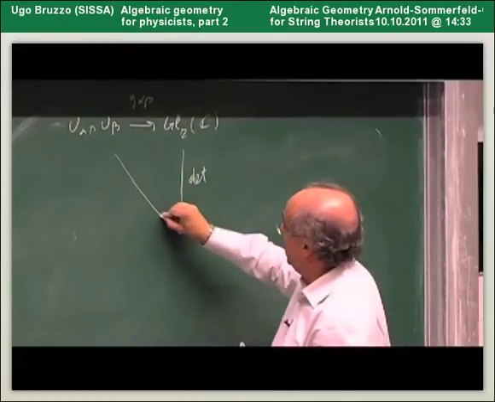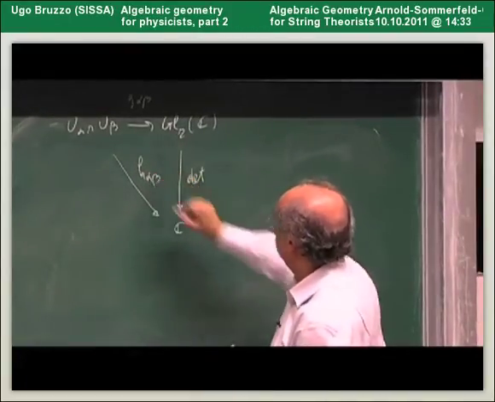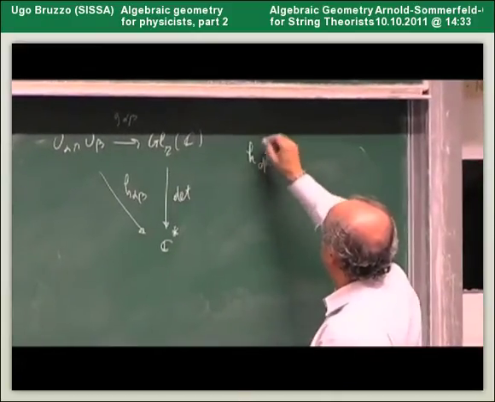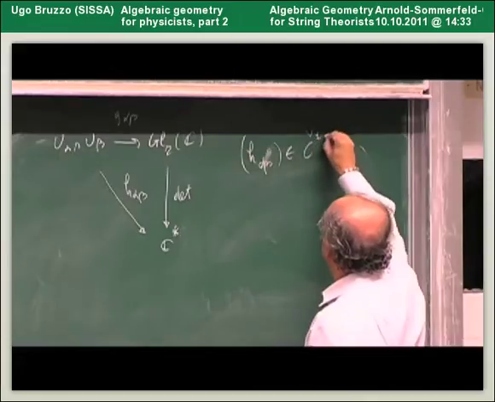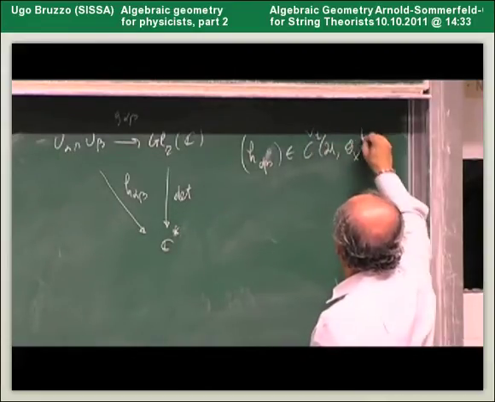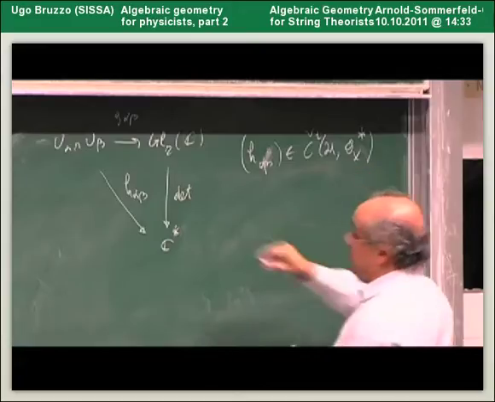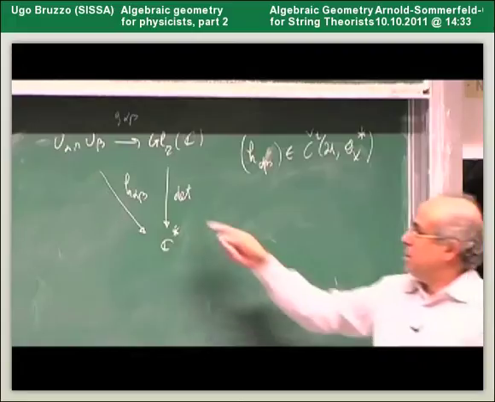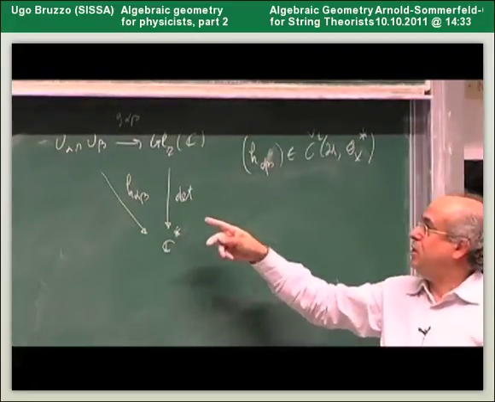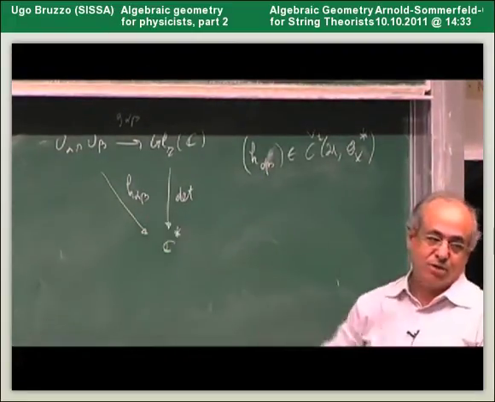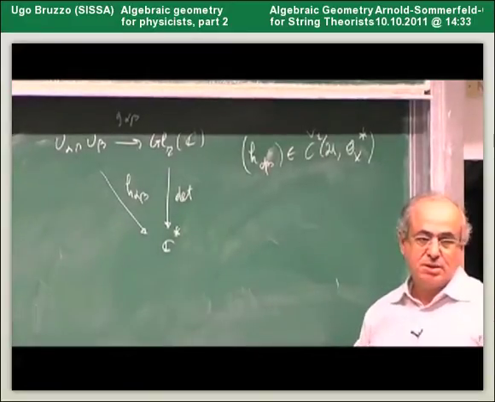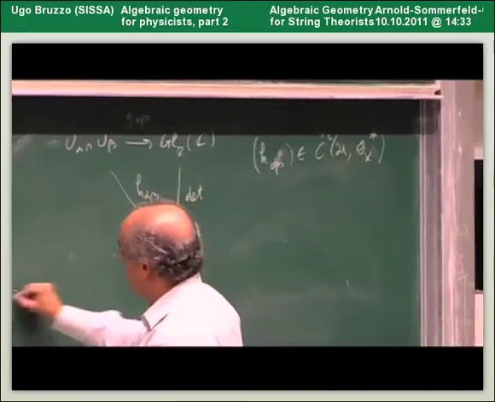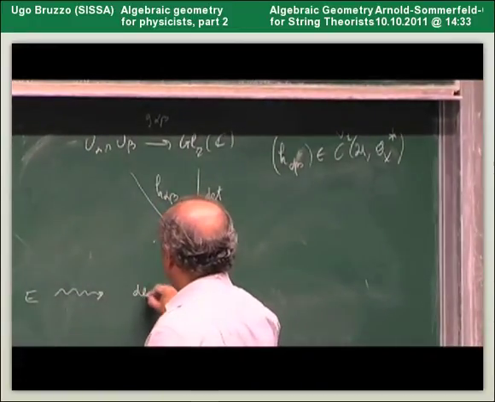So by composing, I get maps, say, H alpha beta. And of course, H alpha beta are elements in our Čech complex, because they will satisfy the cocycle condition, right? If you take the determinant of the cocycle condition for the G's, you obtain the cocycle condition for the H's. So we get a line bundle. So we started from a vector bundle E, and we get a line bundle, which is called the determinant of E.